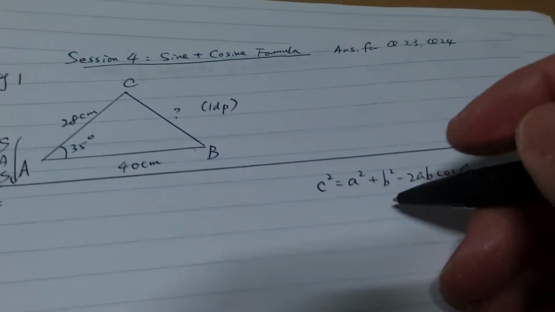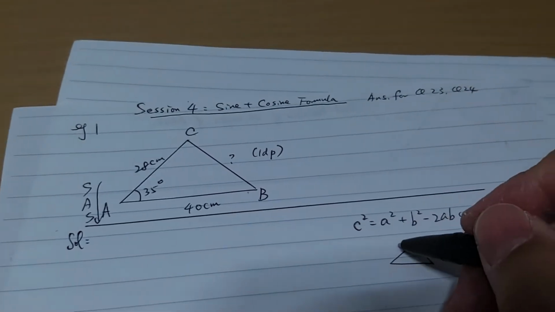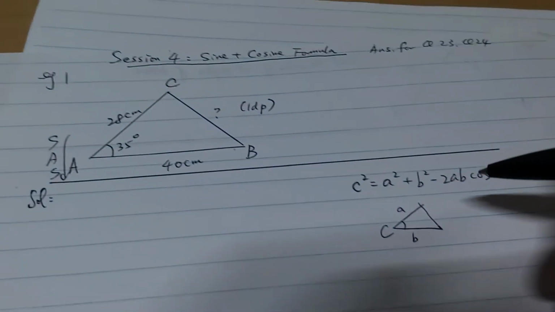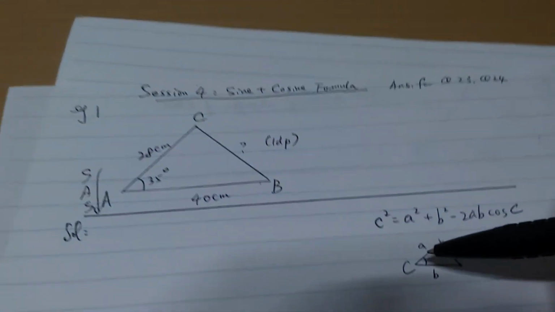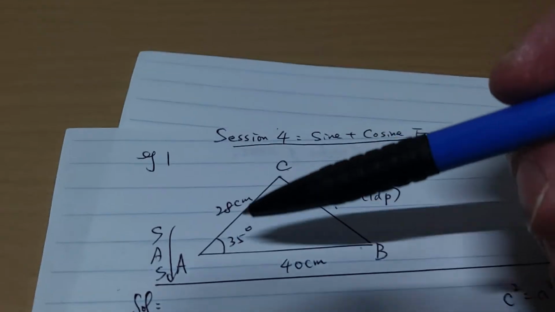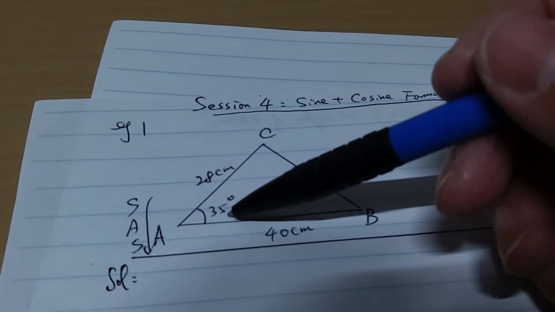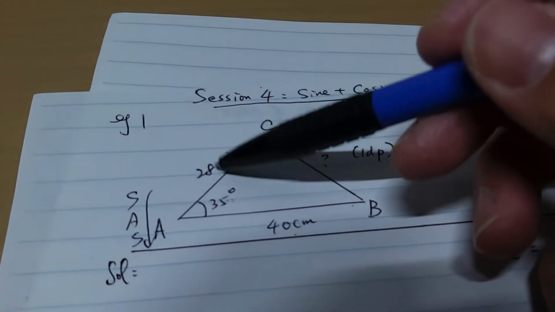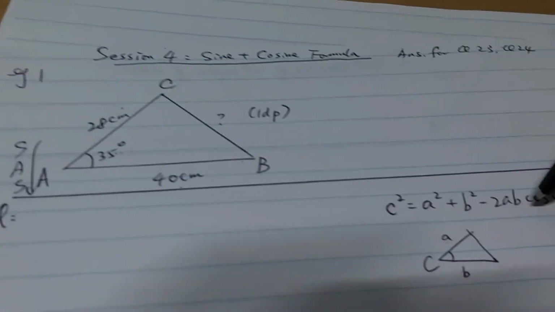Actually, what is ABC? ABC is just in a triangle. This one is A, this one is B, and this is angle C. So if they are SAS, then A and B are the adjacent sides and angle C is the included angle. In the same case, this angle is angle C, this one is A, this one is B. So we can now use this formula.